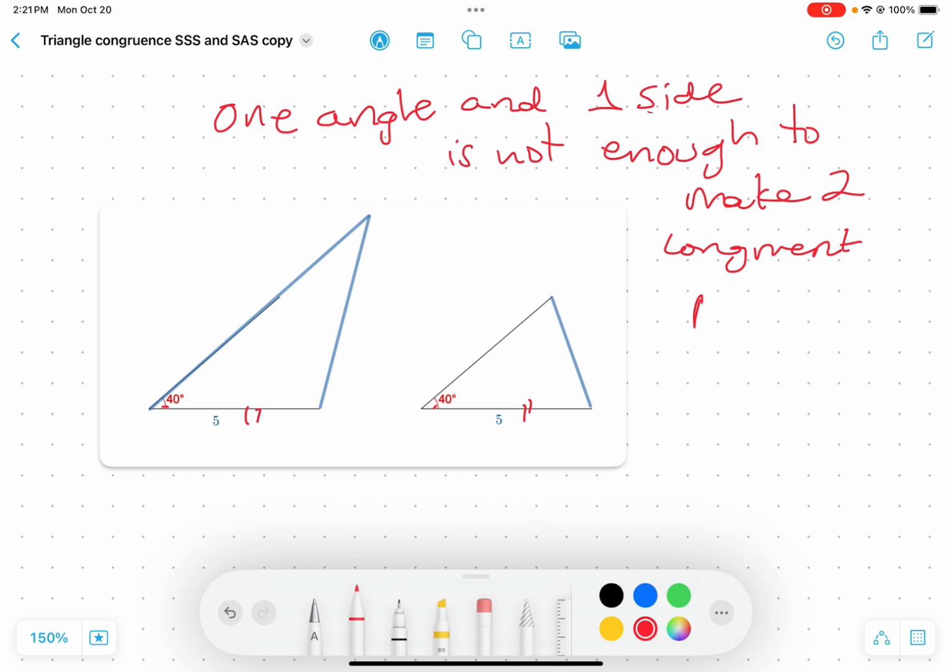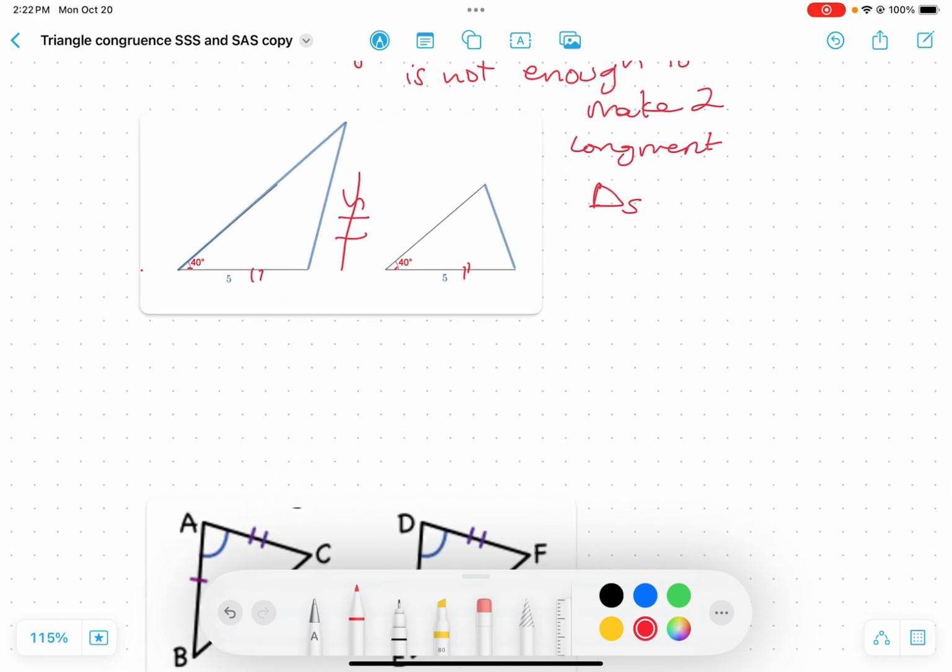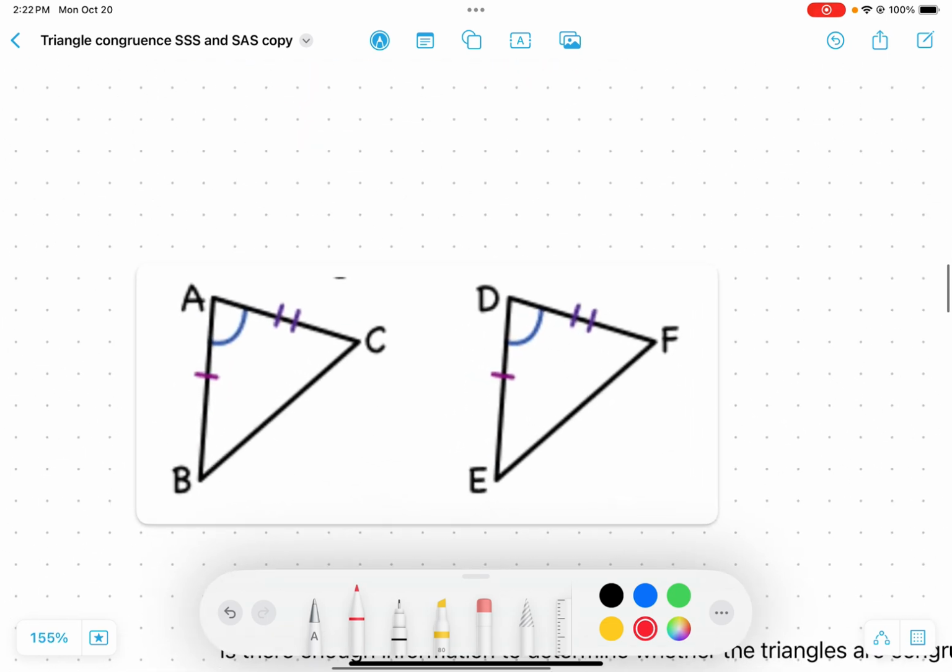So these two triangles are also not congruent. They're not the same. But what we learned today is if you have two sides, so this side is the same as this side, and then the side on the other side is the same, and the angles are the same, that is enough.